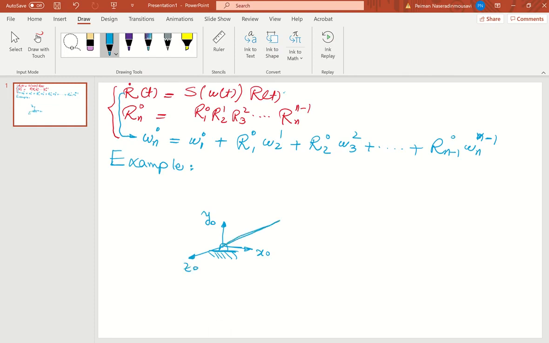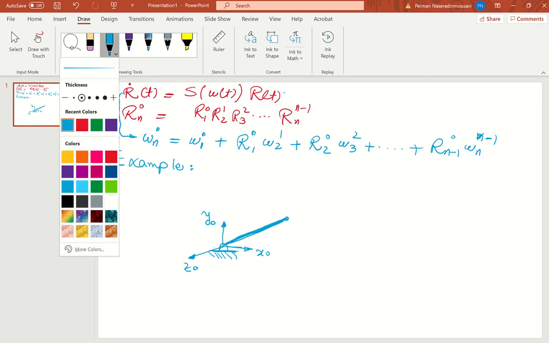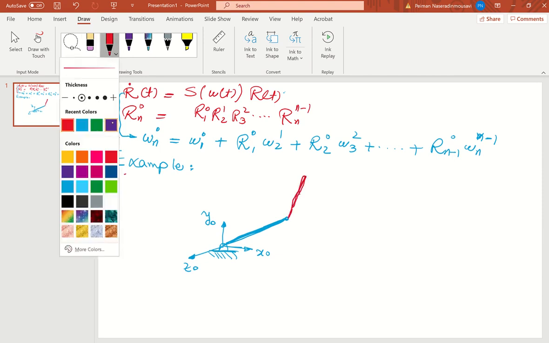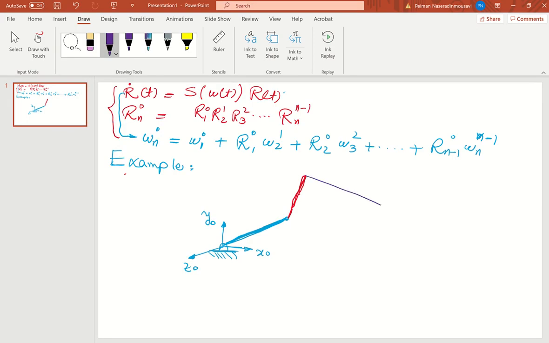And this is one link of the robot. I'm going to change the color to make it visible. And this is the second link of the robot. And this is the third link of the robot. Here we go. We have one joint here, one joint here, and one joint here.